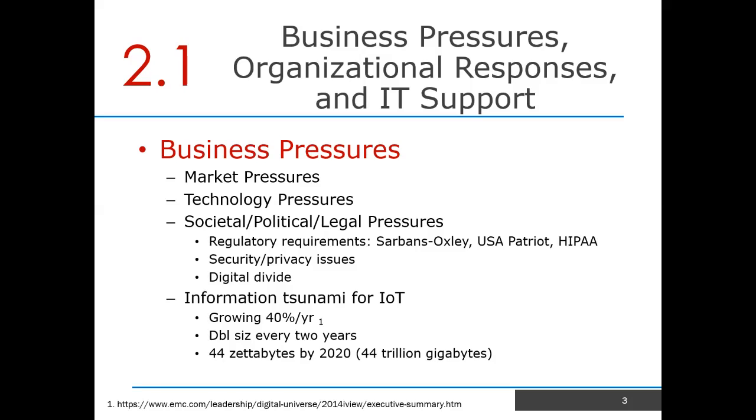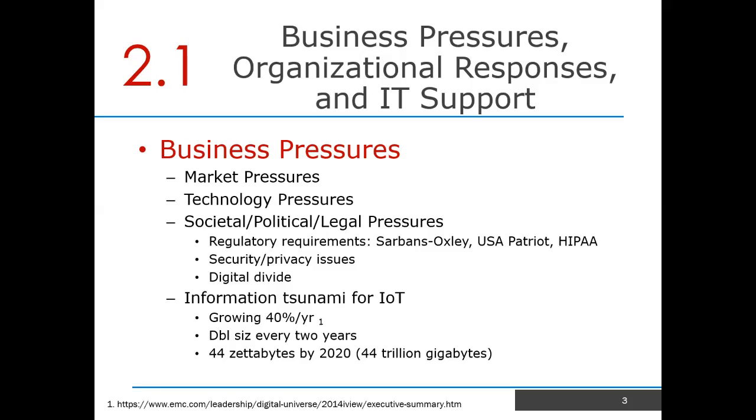In addition to business pressures, companies face a lot of governmental and industry regulations that significantly impact their IS design. As more and more information is available on the public internet, the issues around privacy of that information have grown much faster.